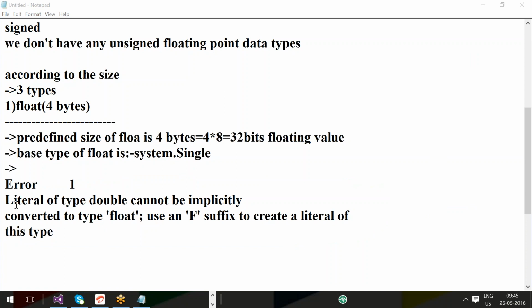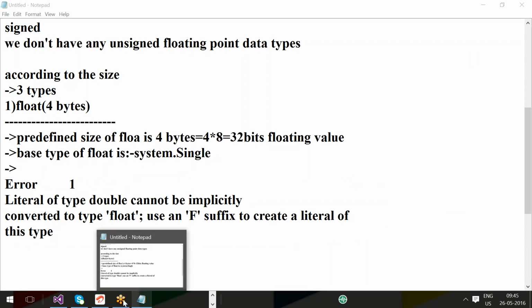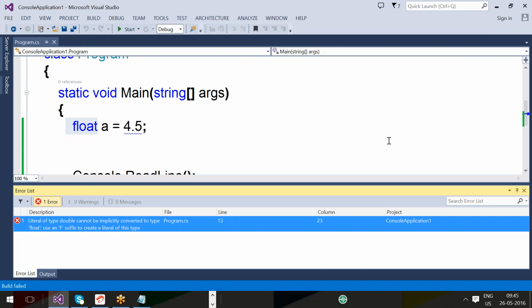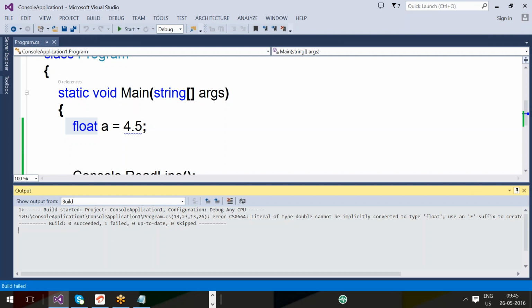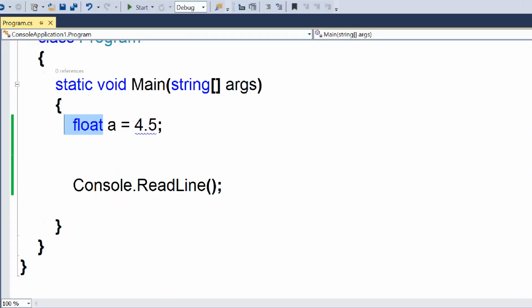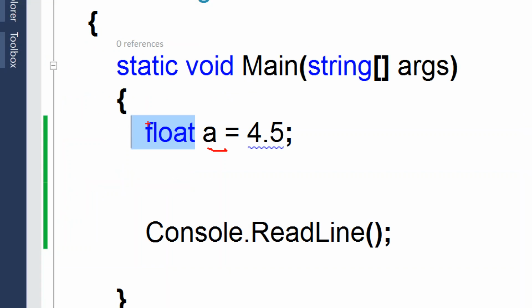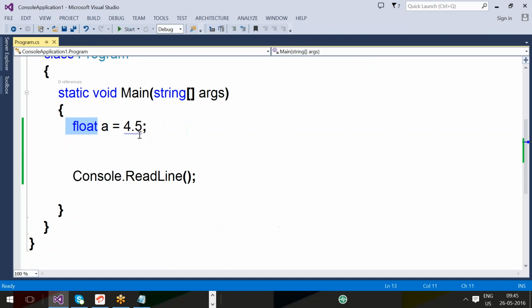So literal of type double cannot be converted to type float means the reason is actually here, LHS and RHS. LHS is a variable, type is float. RHS is value.